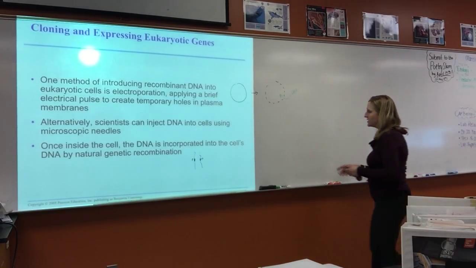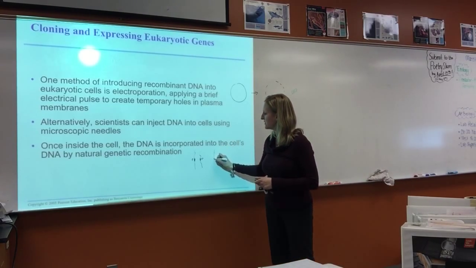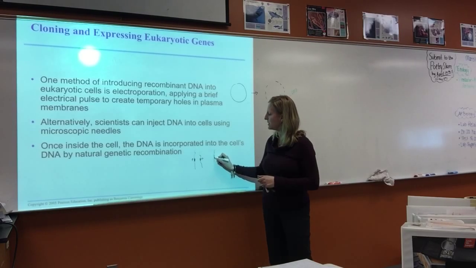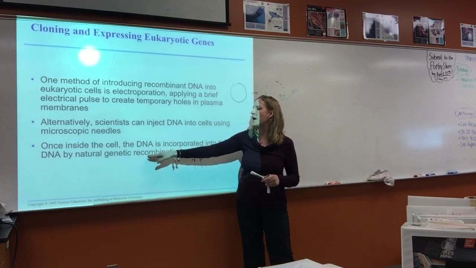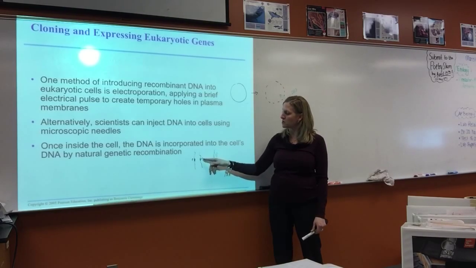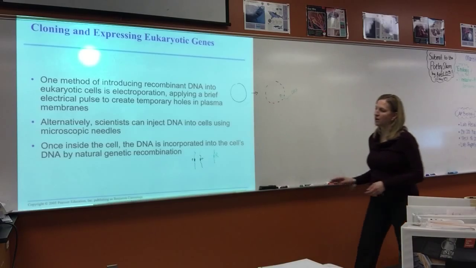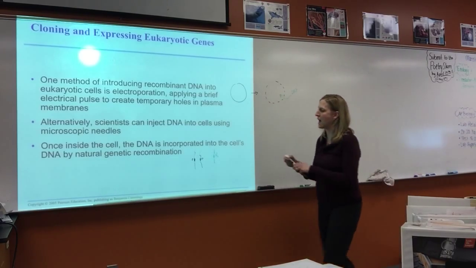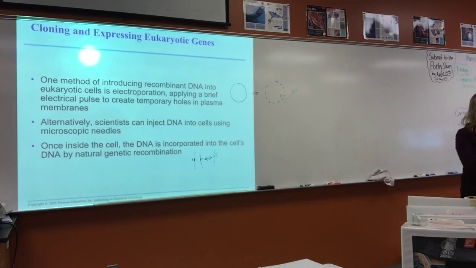What they've tried to do is put into the cell a piece of DNA that, instead of a little r in that same spot, has a big R. By genetic recombination, the thought is that when these chromosomes replicate and go through cell division, crossing over can replace the little r with the big R, and therefore the person could have the big R gene instead of the little r gene, and produce a protein that maybe they're missing. That's kind of a way to cure a genetic disease.